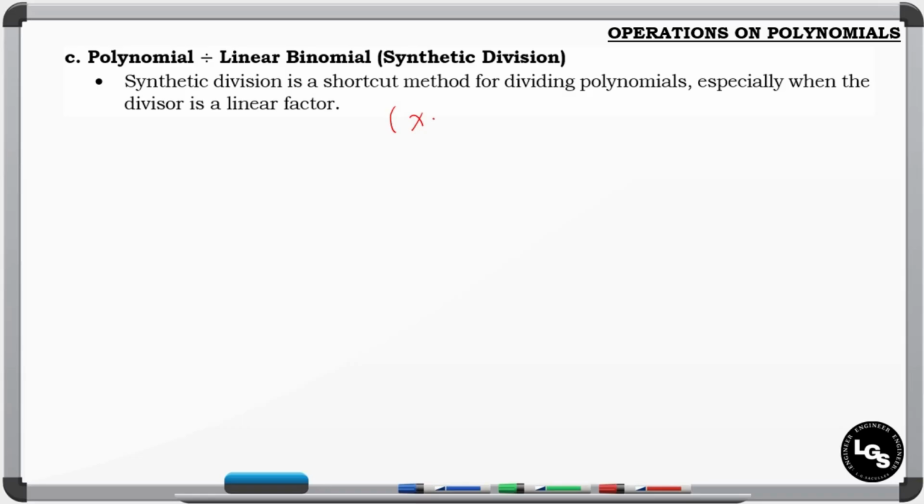So it's like x minus 5, y plus 5, a minus 2. That is a linear binomial. If we have x plus y, that is not a linear binomial, so we cannot use synthetic division.